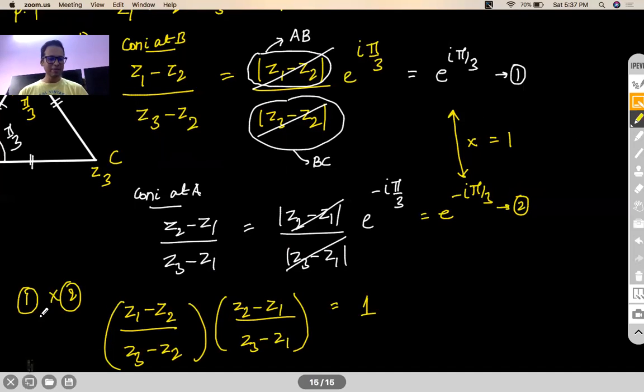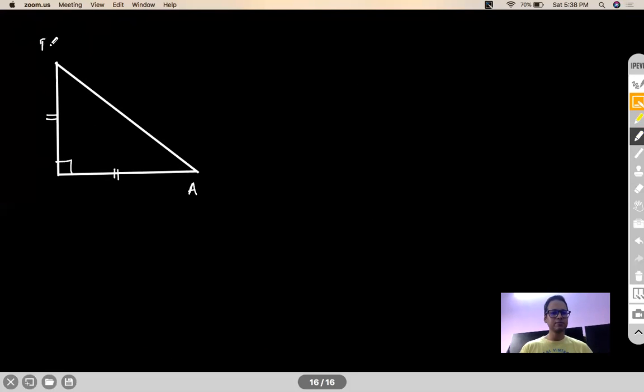Okay. So in a similar way, I would like you to solve this question. Let's say there is a right angle isosceles triangle with right angle at C, and Z1, Z2, Z3 are basically the complex numbers for the vertices of this triangle. Okay.